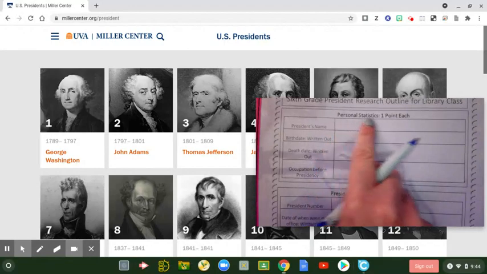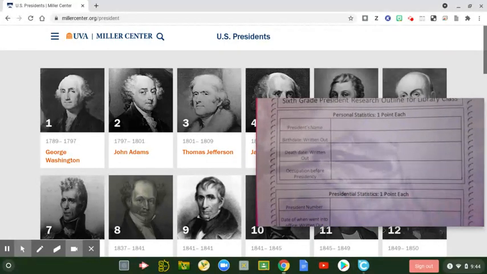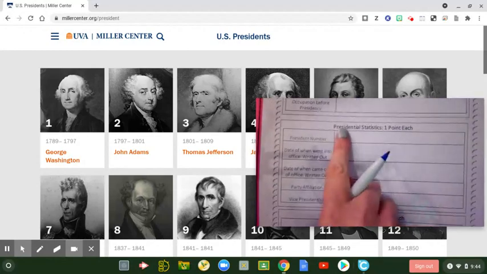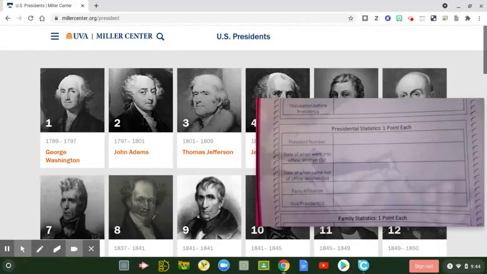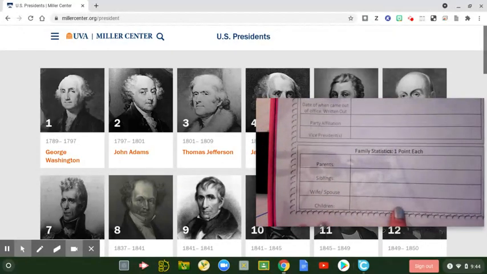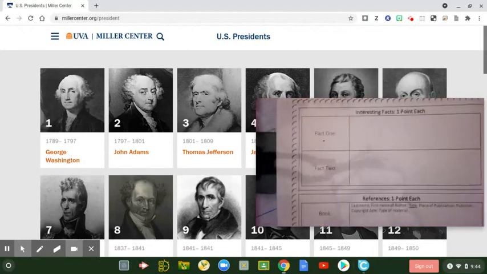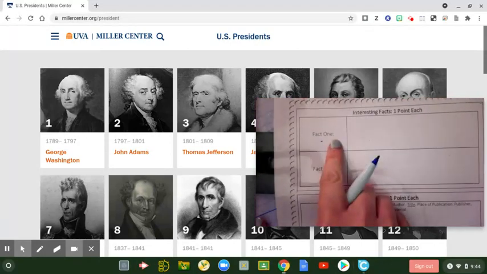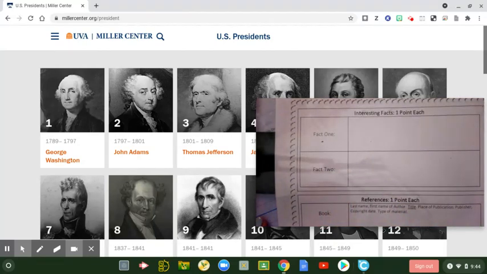We have personal statistics. You're going to get 1 point each for your answer. We have presidential statistics, 1 point each for your answer. And then we have family statistics, 1 point each. And then we have two interesting facts of your choice.